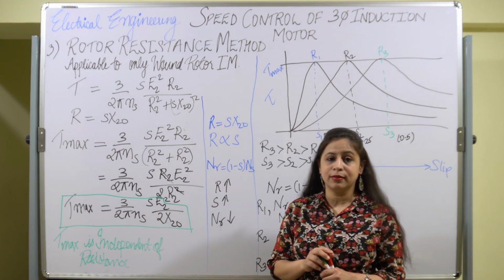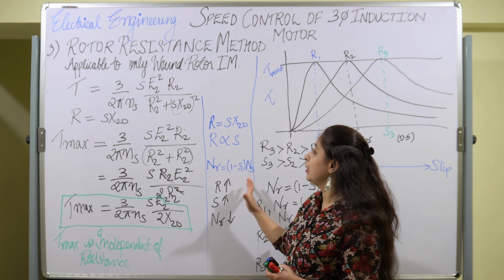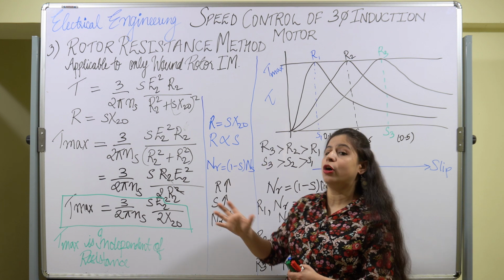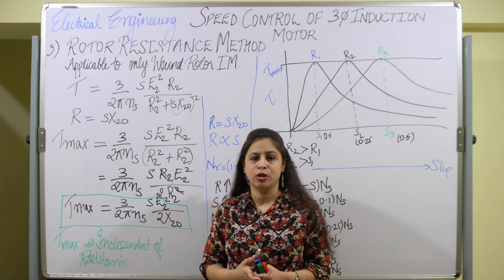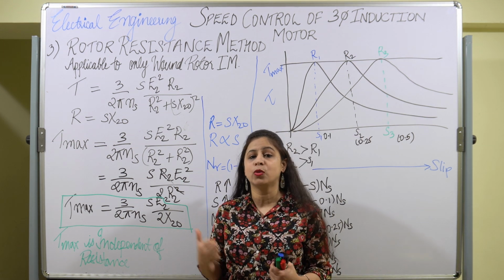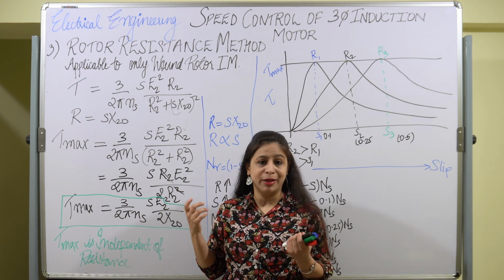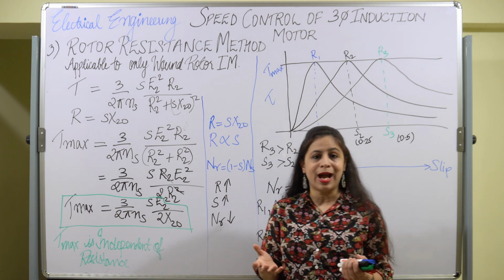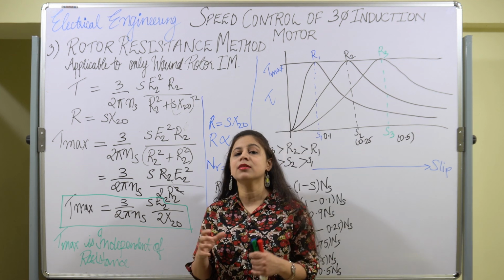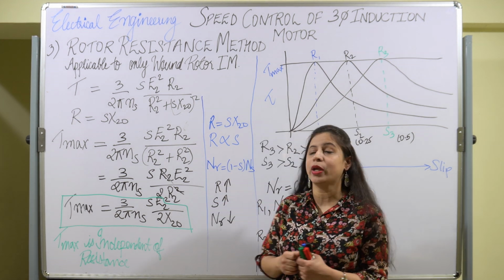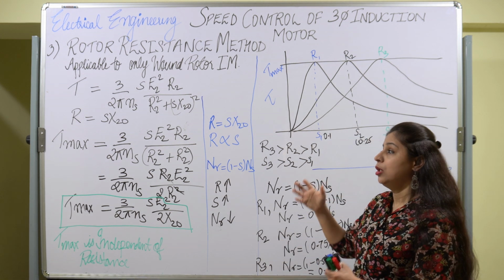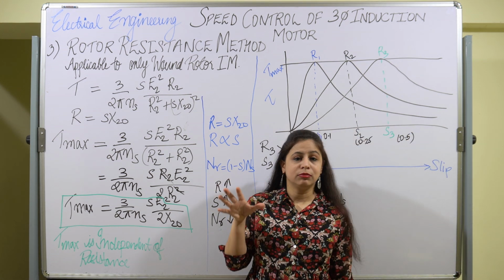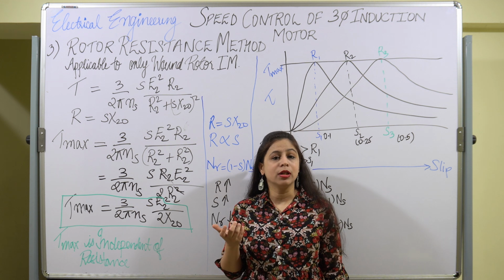The disadvantages are that, first of all, we cannot use this method for the squirrel cage induction motor. If we apply this for the squirrel cage, the method fails, because in the squirrel cage we do not have the slip rings and the resistances cannot be inserted in the slip rings. So we cannot apply this method to the squirrel cage induction motor.